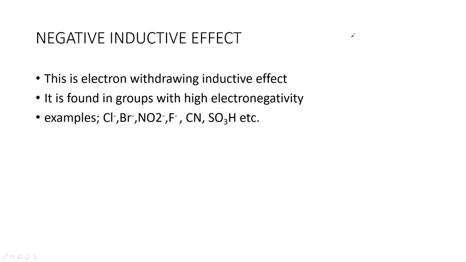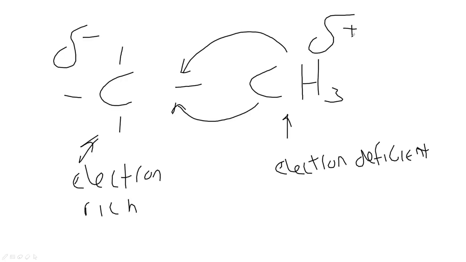You can see fluorine, cyanide, thiocyanide, nitro groups, and all these other groups. These groups are electron withdrawing. That means they like taking electrons to themselves. They take the electrons from the carbon atom, thereby making the carbon atom electron deficient and making themselves electron rich.